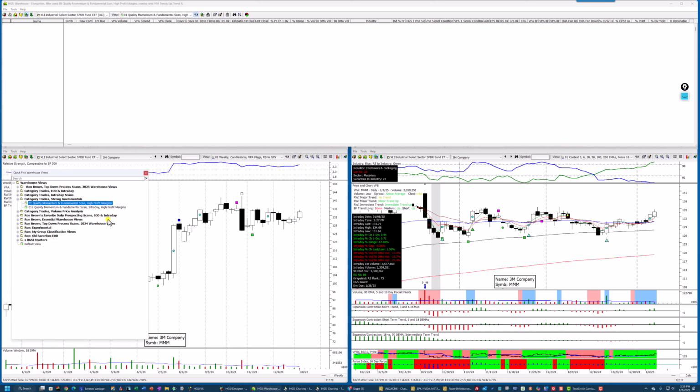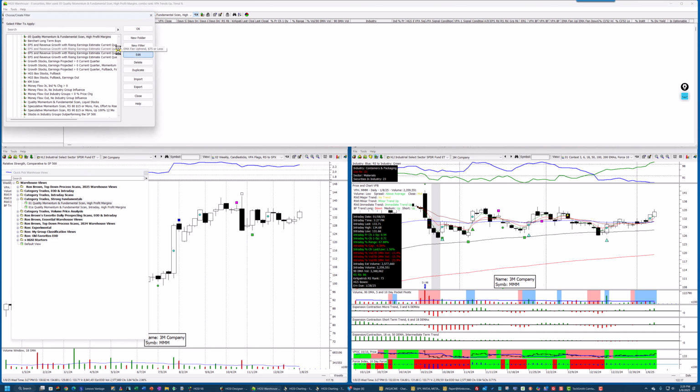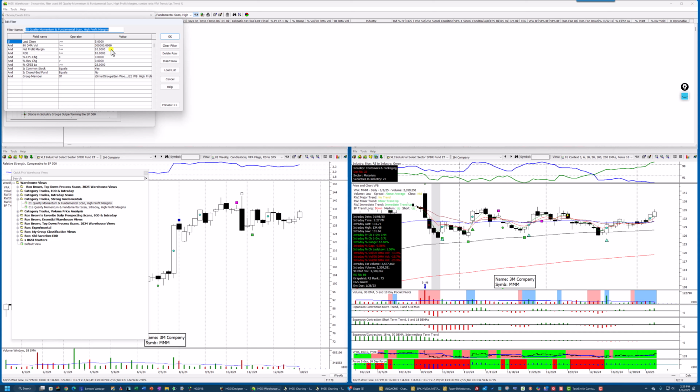And taking a quick look at it, they have to trade 500,000 shares, net profit margin of 10% at least, ROE at least 10%, and the earnings and revenue have to change compared to the prior quarter and be up 25% from the low. And notice that this is attached to a smart group in the Ian and Brown smart groups, high profit margins. So pretty stringent filter, and nothing comes through here.